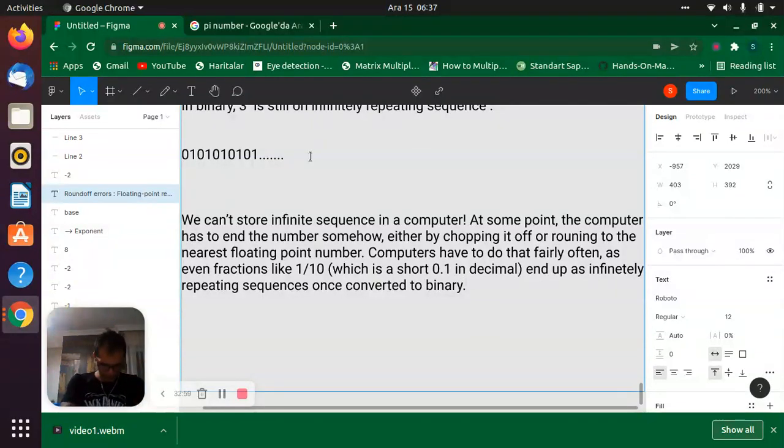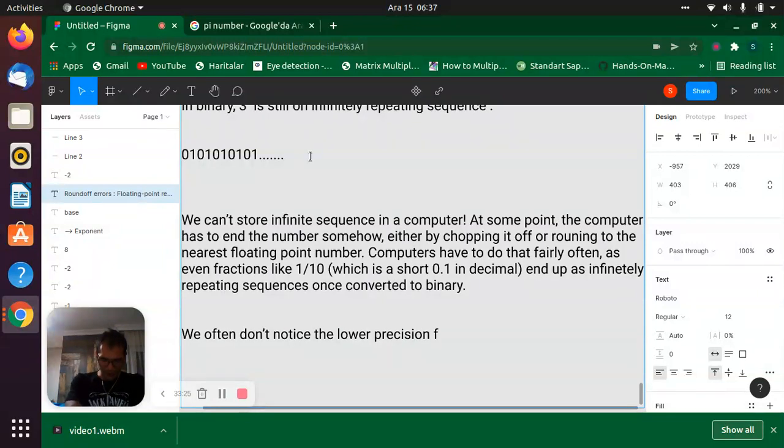It's good information, I think. We often don't notice the lower precision of the numbers' representation until we use it in calculations, right?